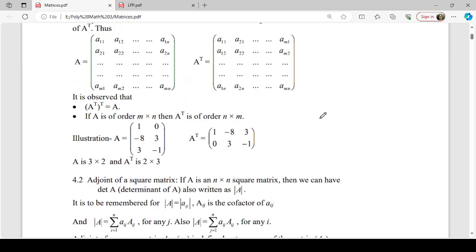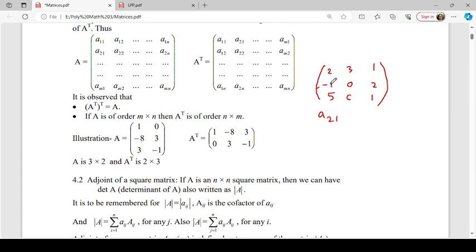So suppose we are considering a 3 by 3 matrix: 2, 3, 1, minus 1, 0, 2, 5, 6, 1. Then suppose we are considering a21. So a21 here is minus 1.